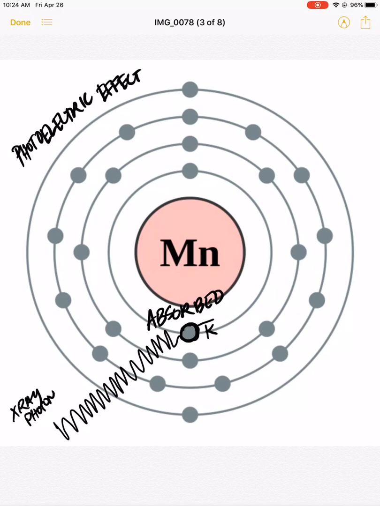And it also ejects this electron out. This ejected electron is called a photoelectron.